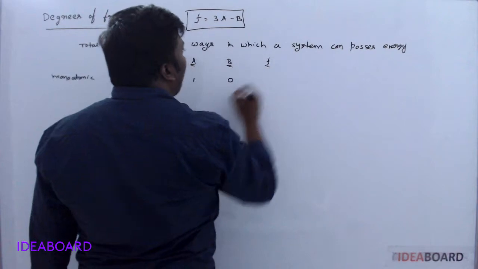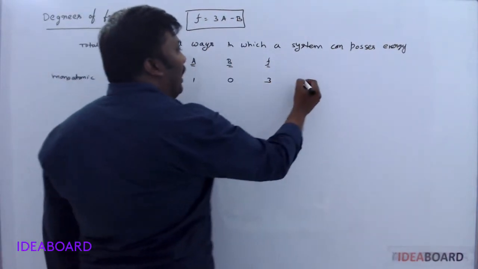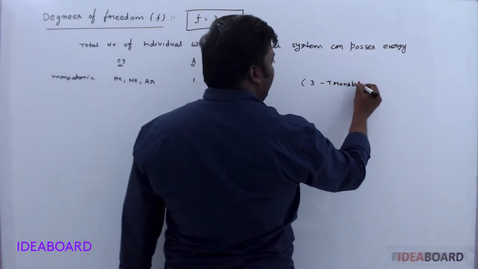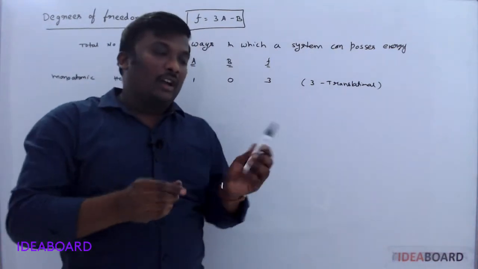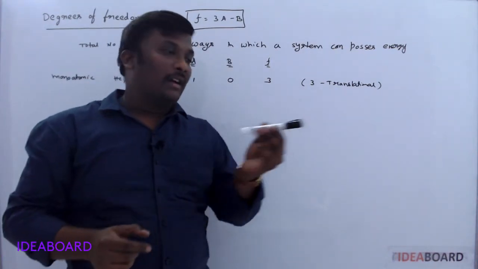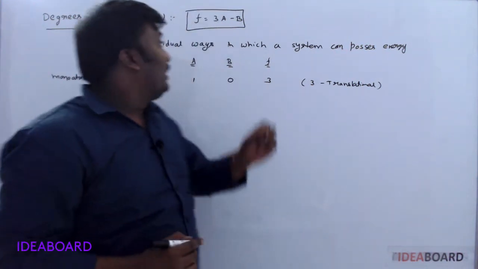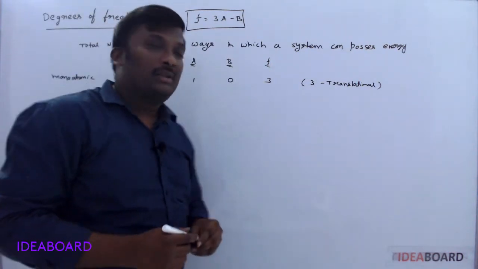The number of degrees of freedom is 3 into 1 minus 0, which is 3. All three are translational energies. Translational means the molecule may move along the x-axis, y-axis or z-axis, so there are three individual ways available.